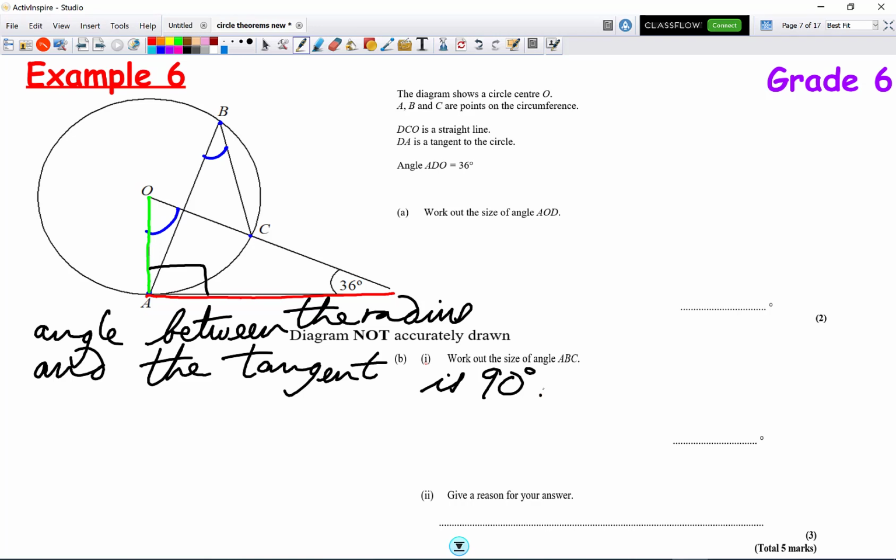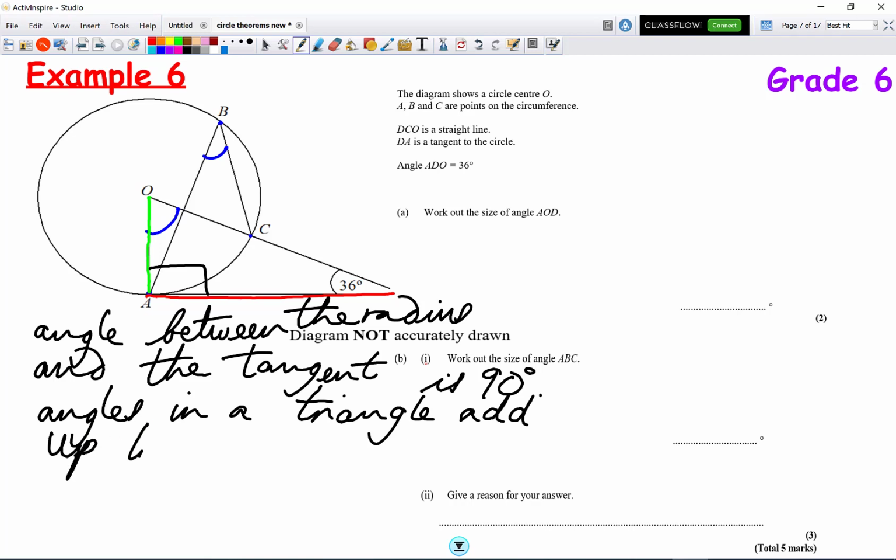We can also say that the angles in a triangle add up to 180 degrees. Always state your reasons, please, in an exam. So we could state that 90 plus 36 is going to give me 126 degrees.